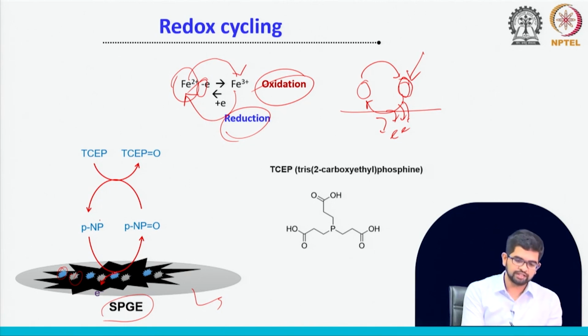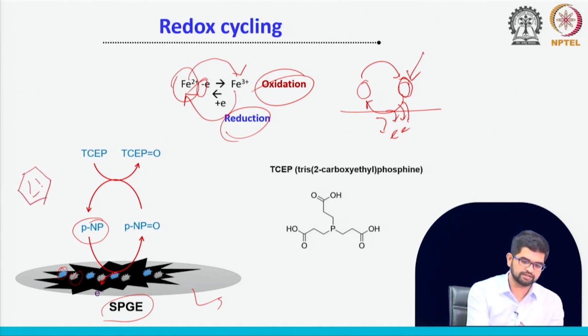You can see here PNP, which is nothing but para-nitrophenol. Para-nitrophenol has NO2, nitro, and OH, phenol. So we are using a redox species, para-nitrophenol, and this will take part in the redox cycling reactions.